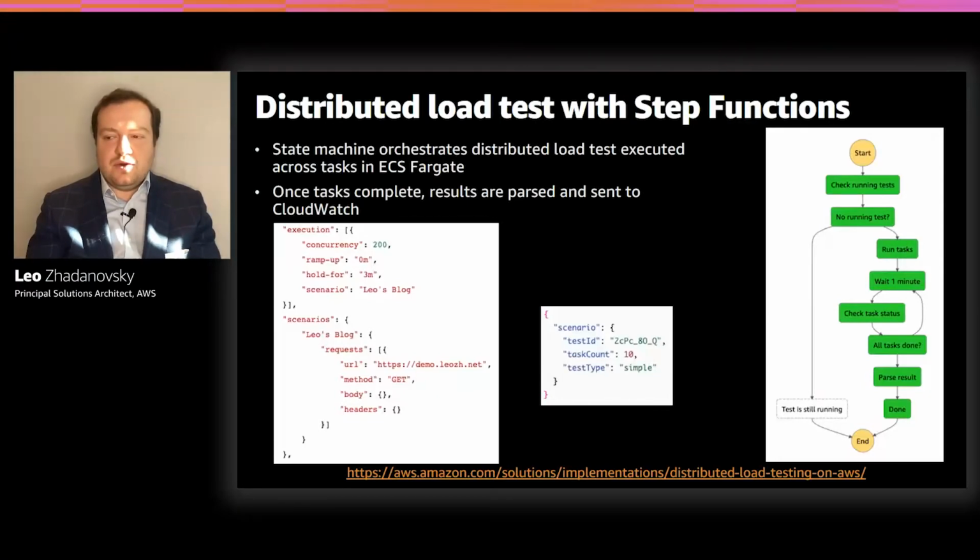Essentially, the load tests are executed. On the left here, I've got the actual parameters for my load test. This tells it to test my blog and the method it's using, and you can do a simple or a complicated test. I'm just doing a simple test, so it's literally just hitting the home page of my blog, but you can give it a JMeter test file or a test plan. Then you also specify how many tasks you want and how much concurrency you want per task.